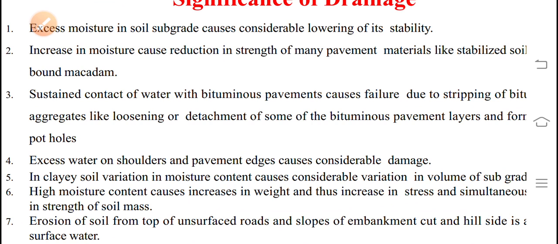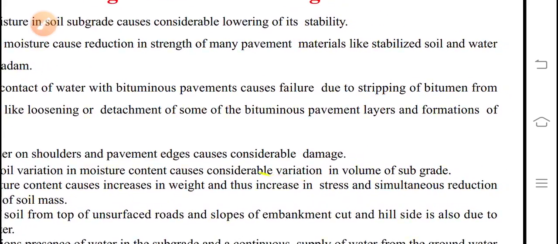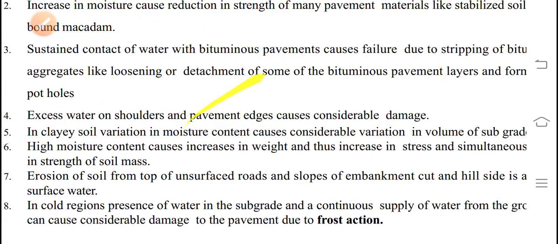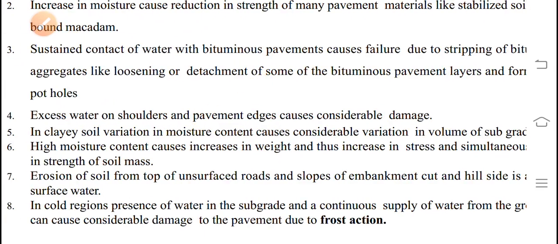Erosion of soil from top of unsurfaced roads and slopes of embankment, cut and hillside is also due to surface water. That's why surface water also is to be removed through surface drainage, whereas water in the subgrade should be removed. That comes under subsurface drainage.